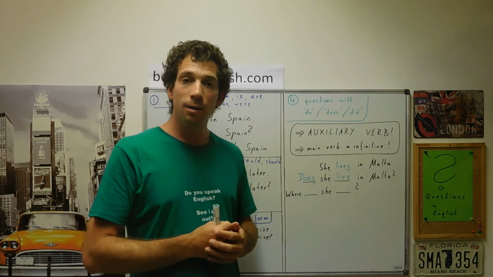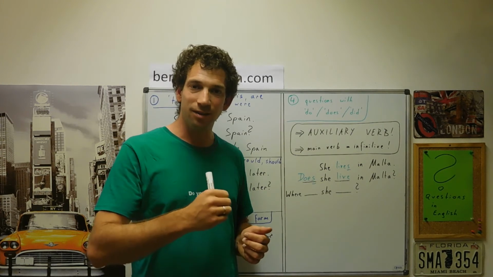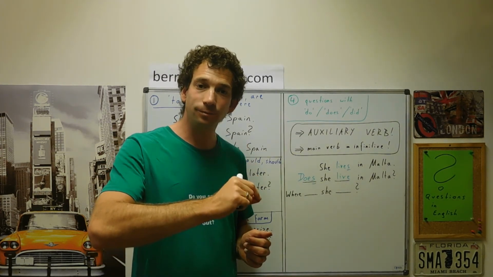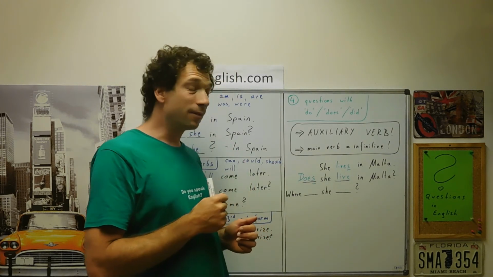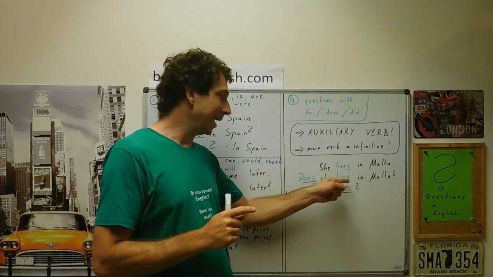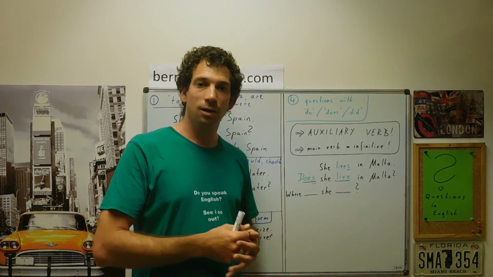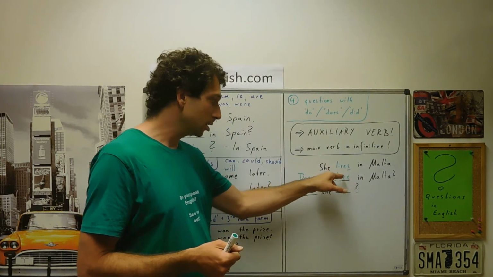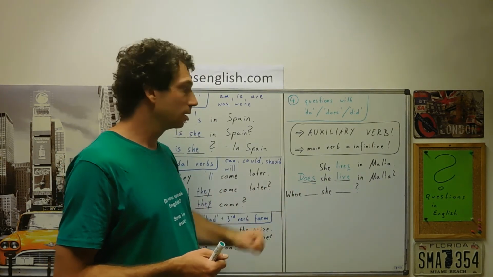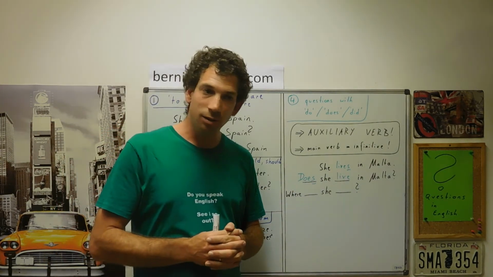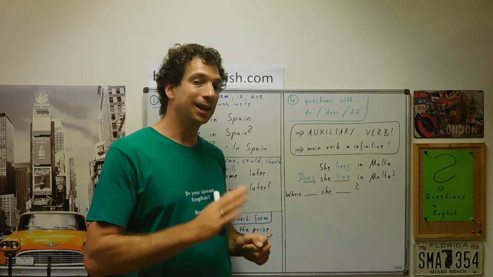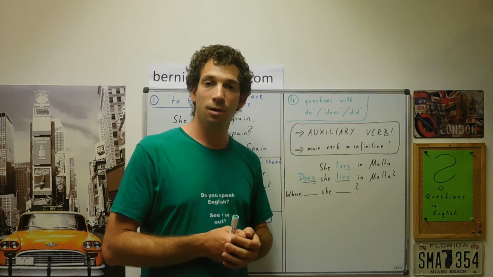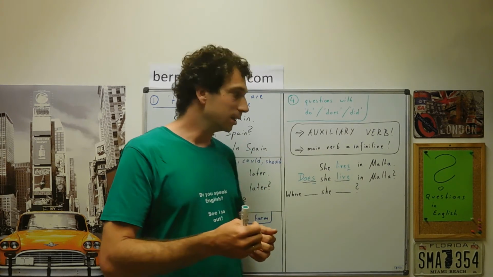When we pose a question in the present simple using the auxiliary verb does, we never put an S at the end of the main verb. The S goes from here to there. In other words, the main verb is always left in the infinitive. Right.